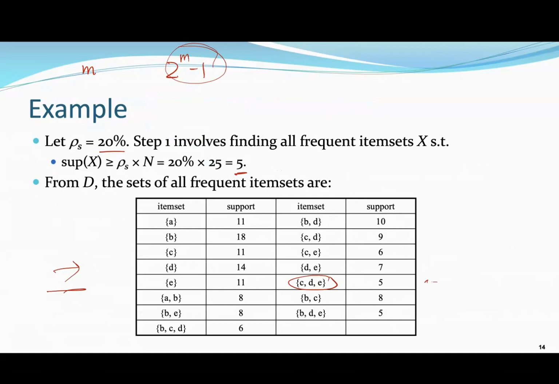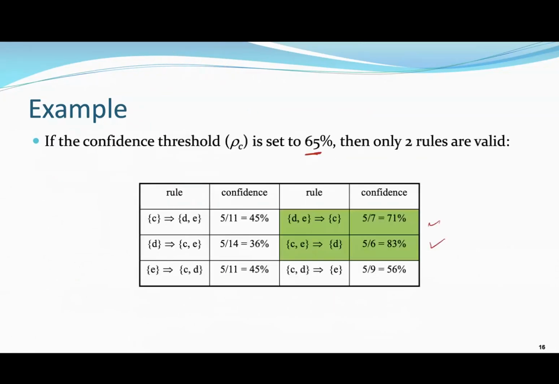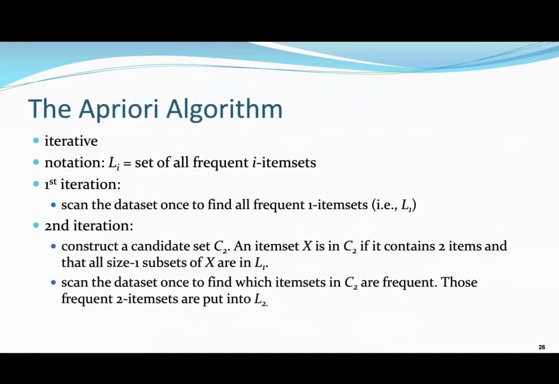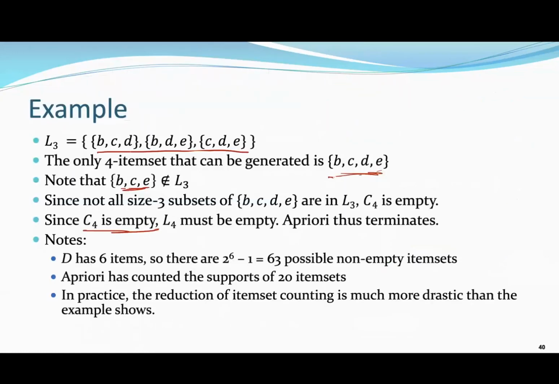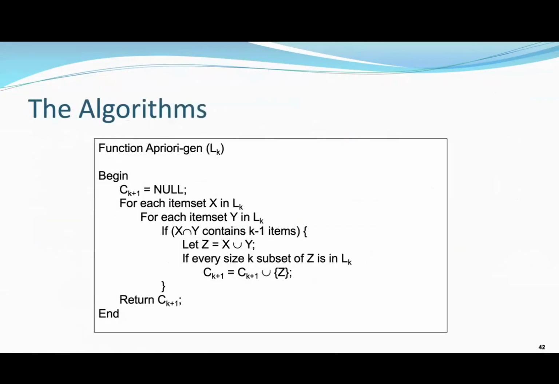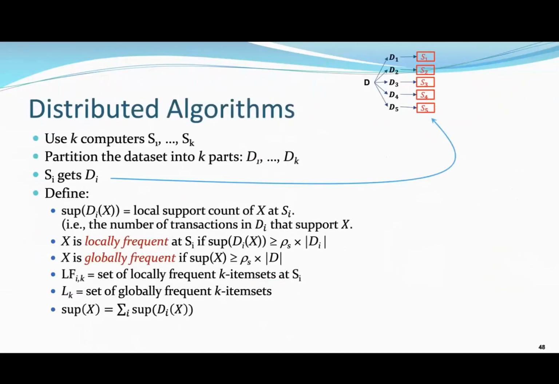In fact, this set of all frequent item sets typically is very large. Even though in the example we see a small table, in practice this could be very large. So we want to see whether there is a more compact way of representing the set of all frequent item sets.